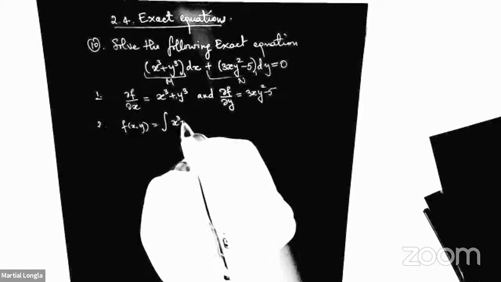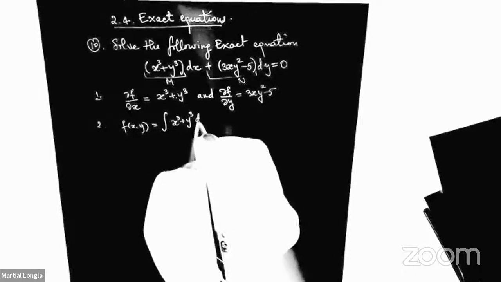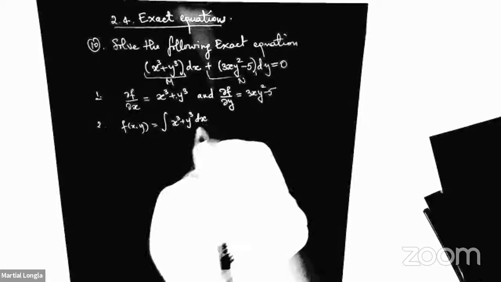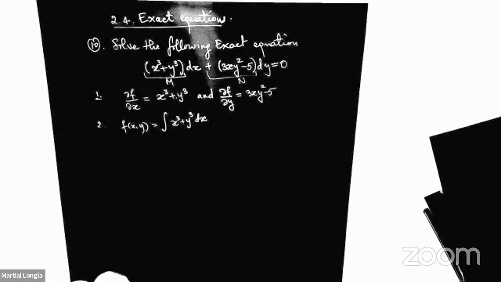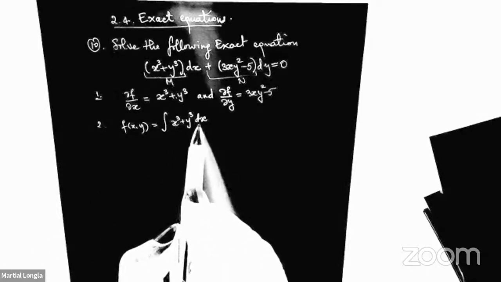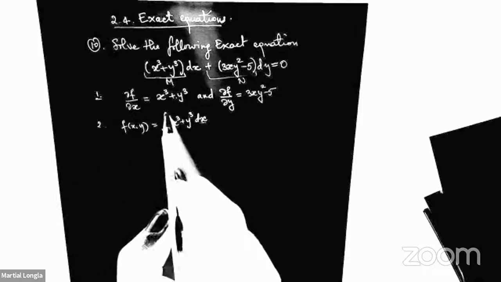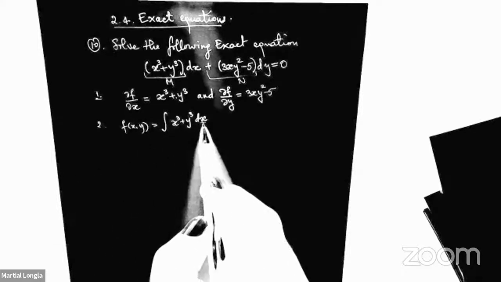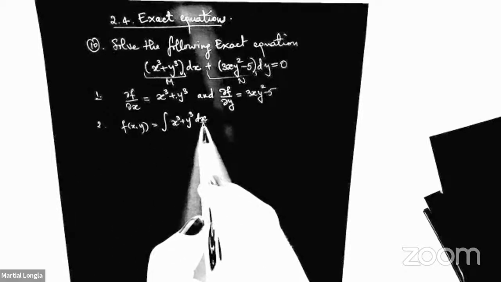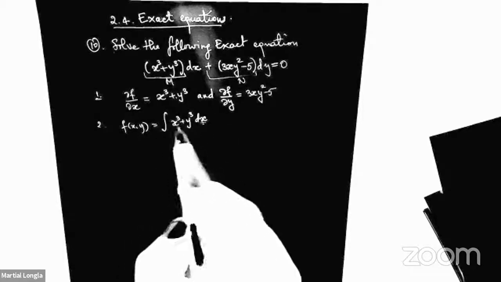X cubed plus y cubed dx. And when you are doing advanced courses already in calculus, you need to know that you always put the variable of integration when you're doing integration. Don't just put the sign of integration, then the function, and you don't say what variable you're integrating with respect to. That's wrong because there are many variables.